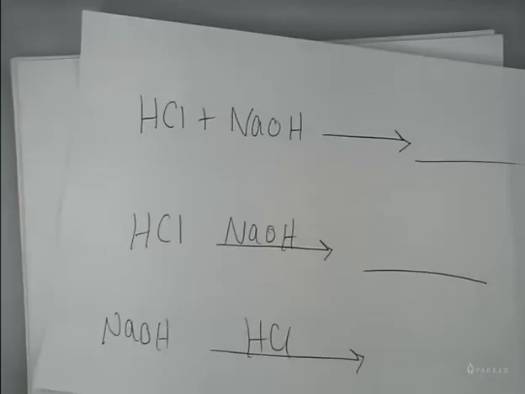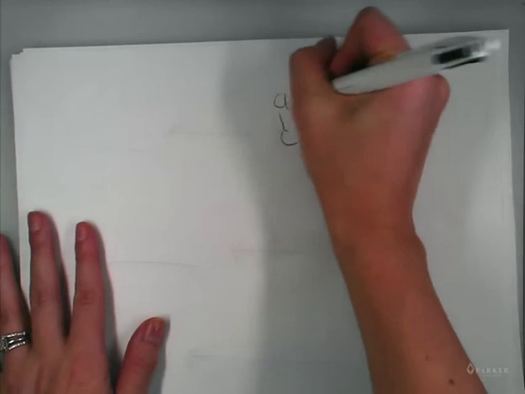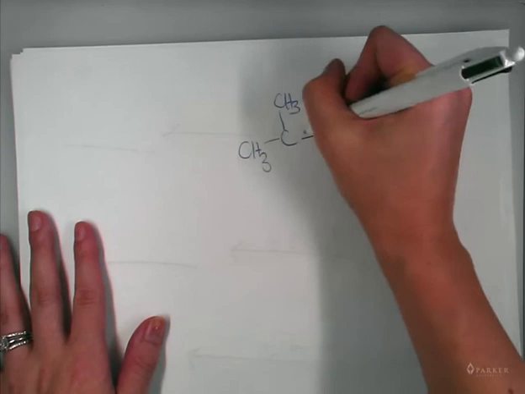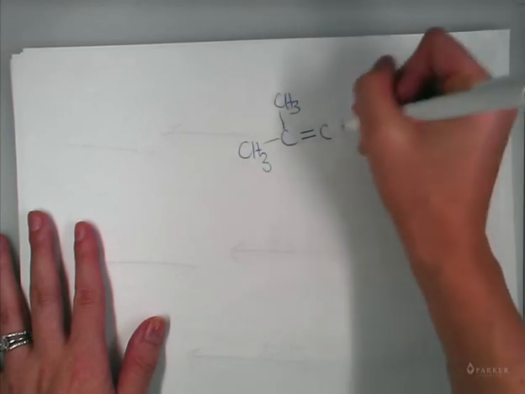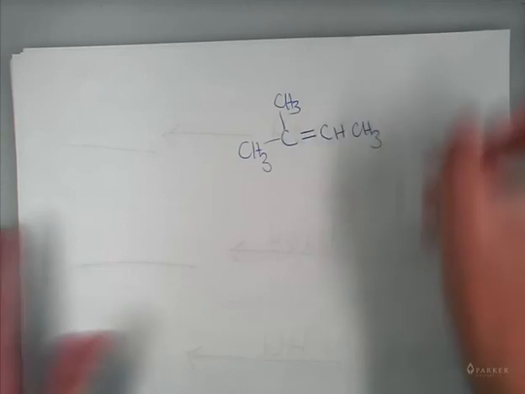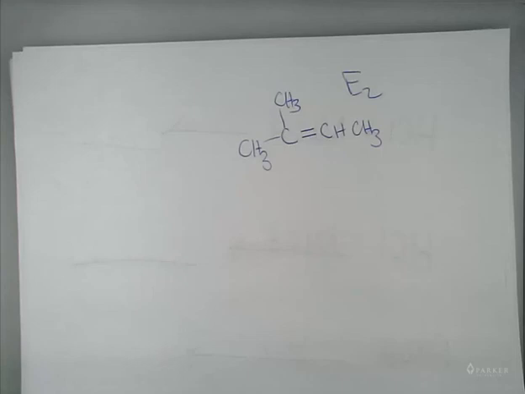So it looks something like this. And how many hydrogens on that carbon there? CH, CH3. What was it? E2.